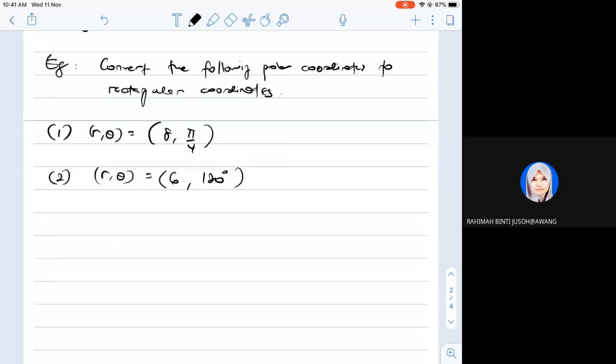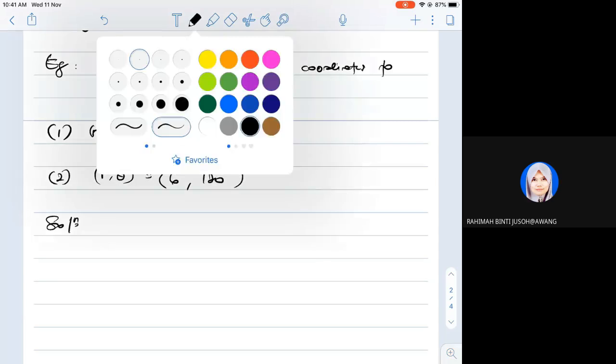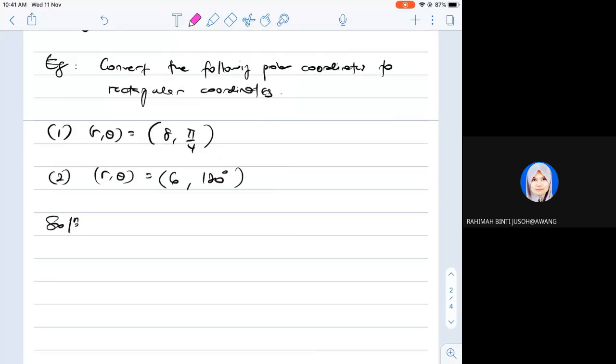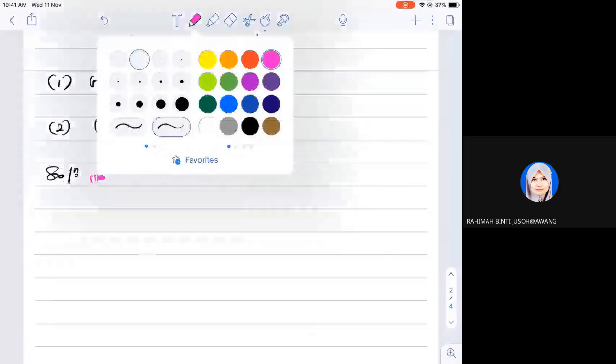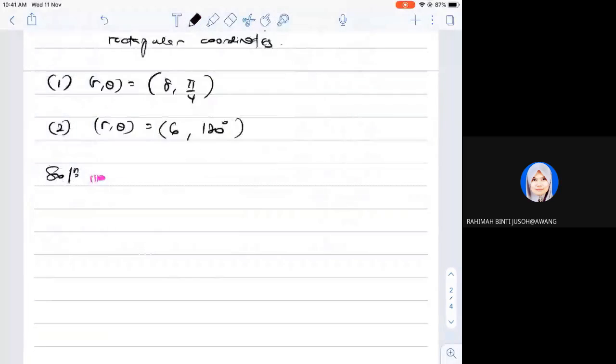Okay, so now let us solve this question. Question number 1. R equals 8 and theta equals pi over 4.